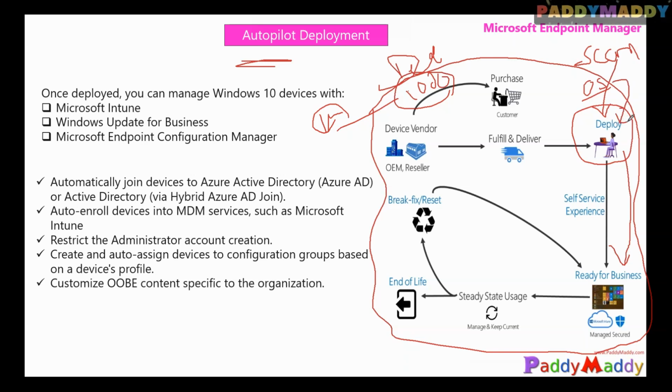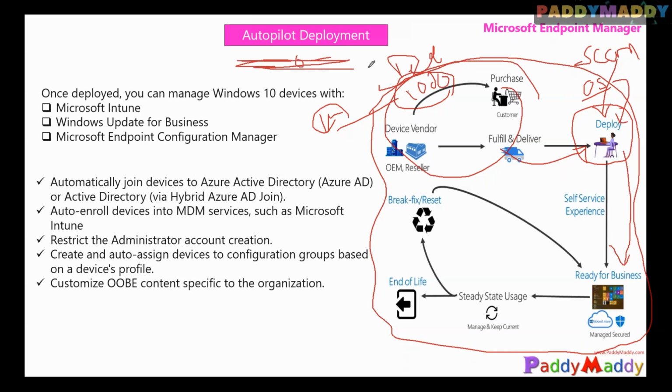Now this process can be taken out. So we can readily use these machines as they are, and we can use the Autopilot deployment method to deploy applications and the settings that we wanted. Okay, this way it saves a lot of time and cost.